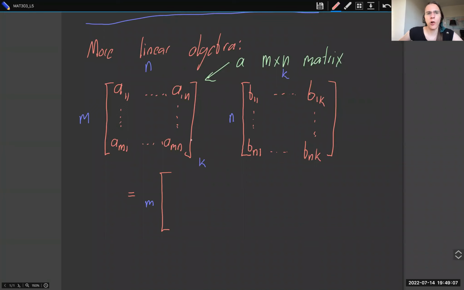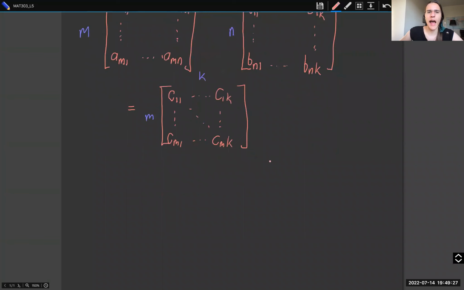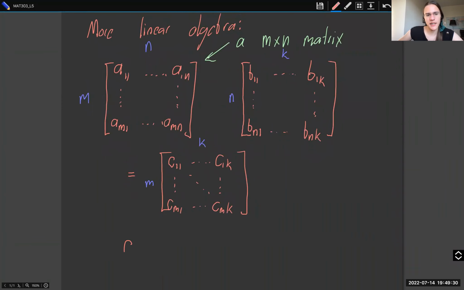And let's call the coefficients of this matrix C11 up to CM1, C1K, CMK. And how we compute Cij is that i is going to range from 1 to M, right?